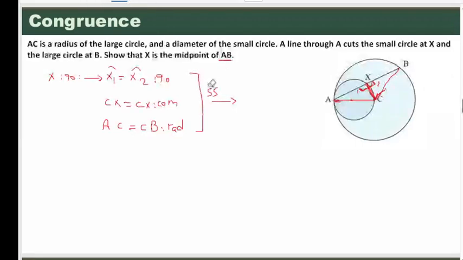I could prove it here: in the right triangles there are right angles, two hypotenuses, and a corresponding side, RHS. I could prove these two triangles are congruent.